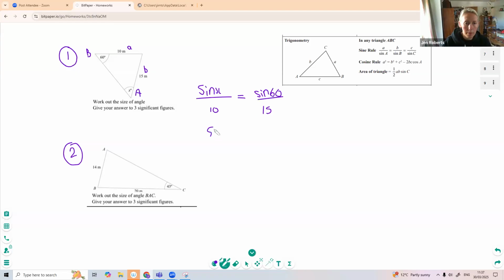Times both sides by 10. Pop it in your calculator. Sine 60 divided by 15 times 10 is 0.577.